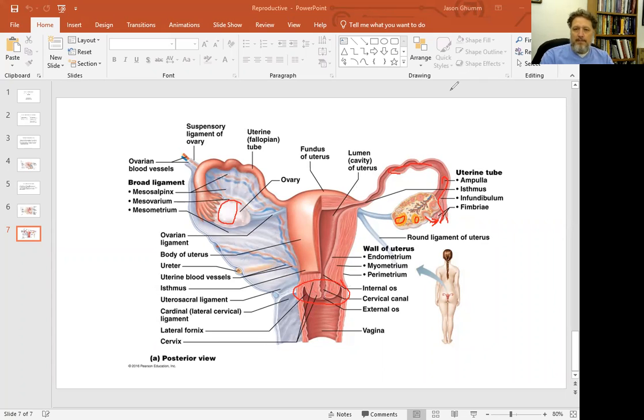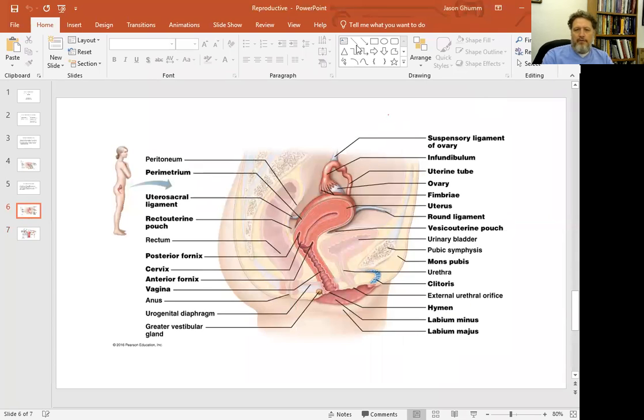And let me back up a minute. I missed something on the last picture. Notice that on this picture, unlike the males, the females have the urethra right here for removing urine. They have the birth canal here. So they have two separate tubes for that purpose.